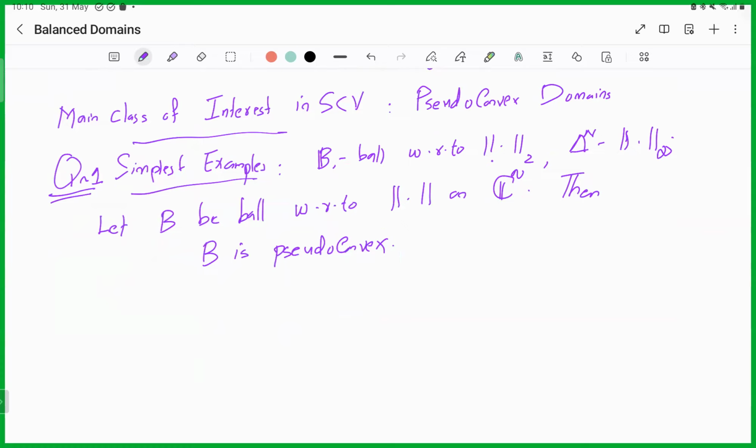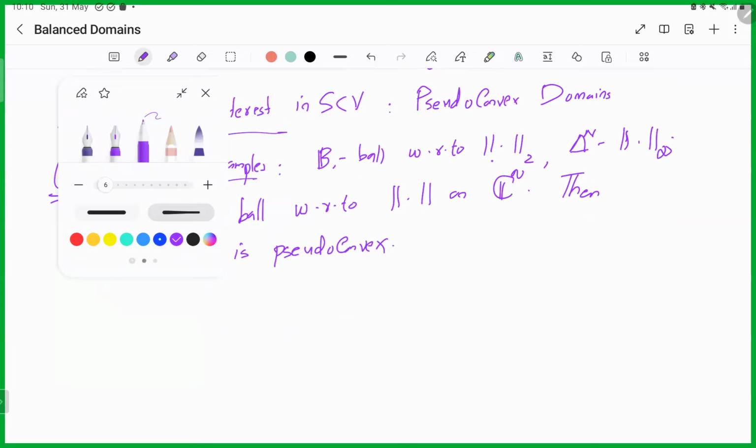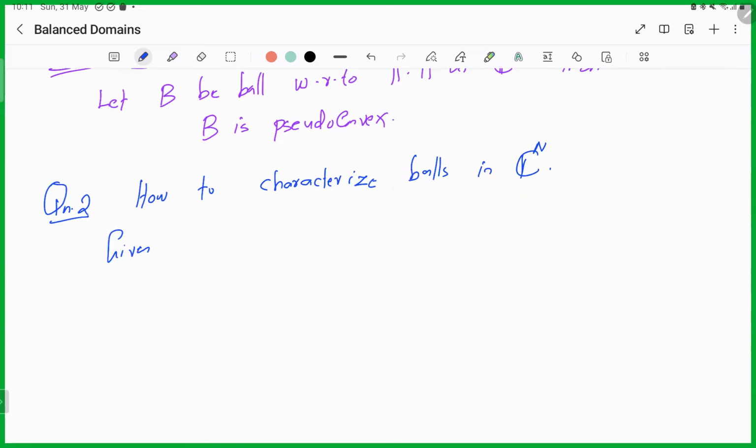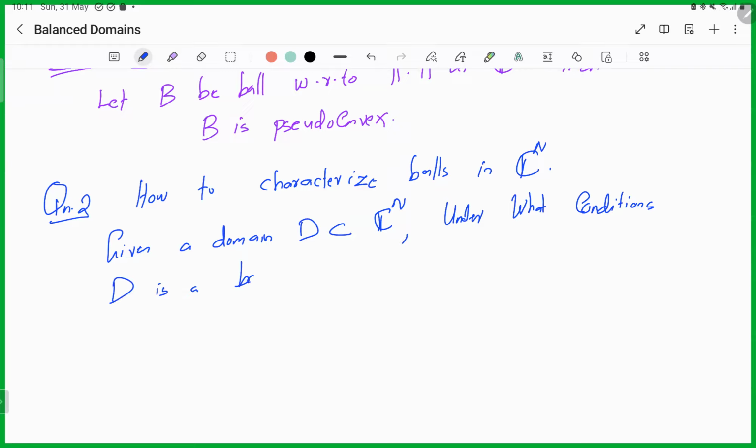That means, given a domain D in C^n, under what conditions is D a ball with respect to some norm in C^n?